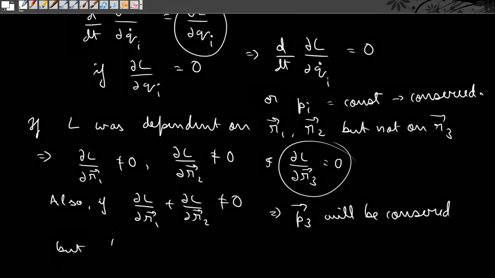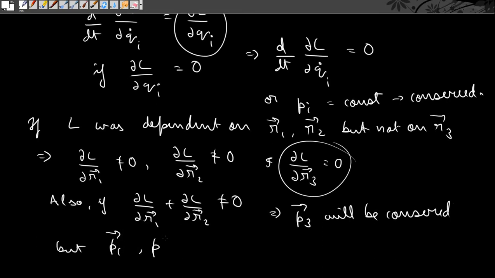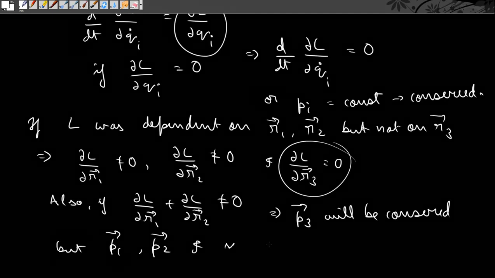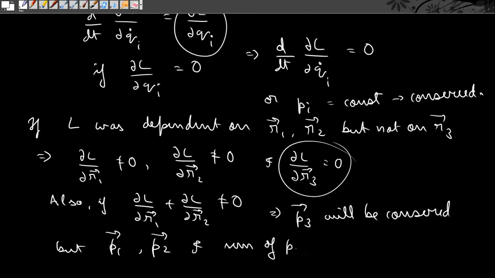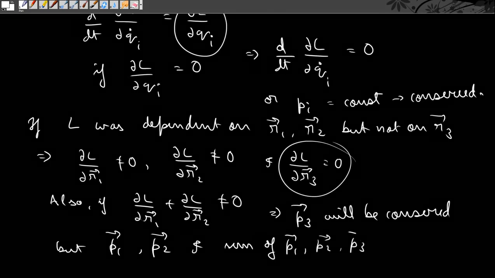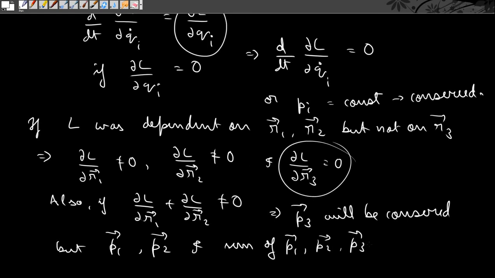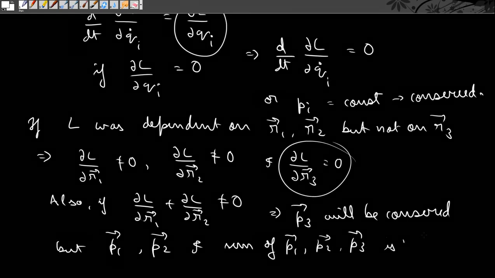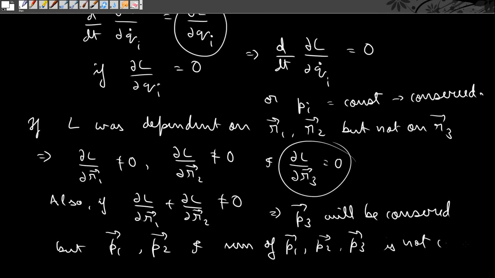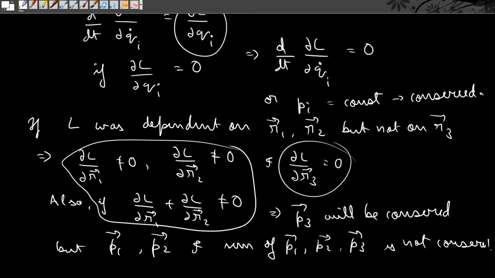But P1, P2, and the sum of P1, P2, P3, in any of the sums, whether all 3 or taken 2 at a time, is not conserved, because these quantities are not equal to 0.